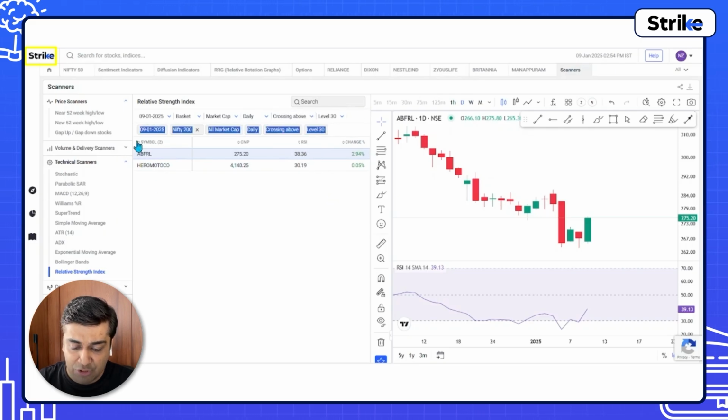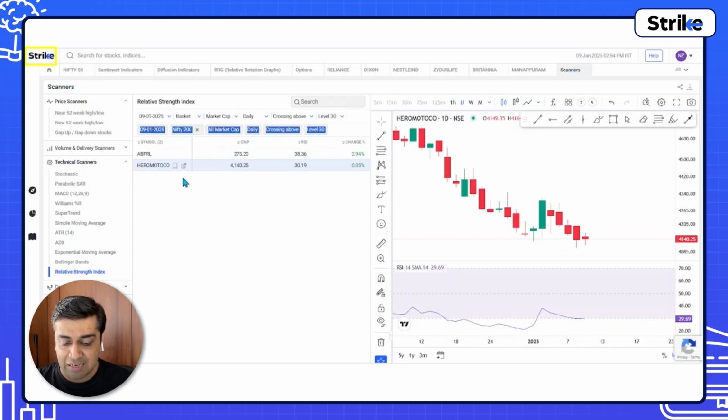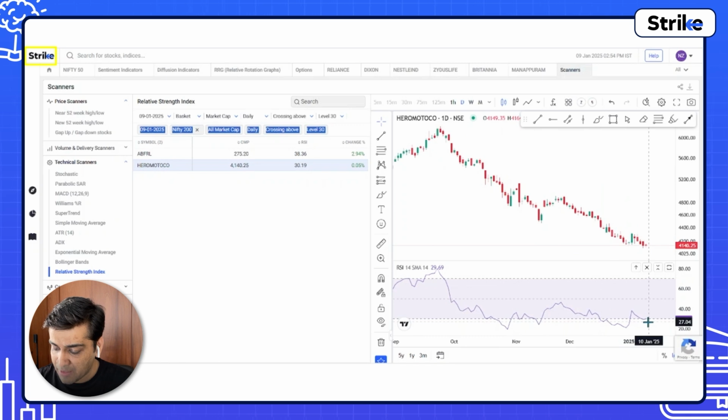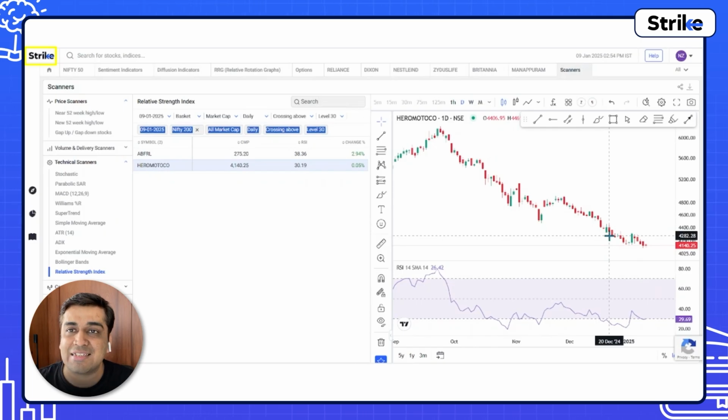So you will get a list of stocks in which RSI has gone above 30 levels. In this case, Hero Honda, you can see that RSI has gone above 30. The previous RSI reading was at 20 and it had made a low. So prices over here have made a lower low, but RSI has not, creating some bullish divergence. So this is how easy it is to find out where the divergence is.